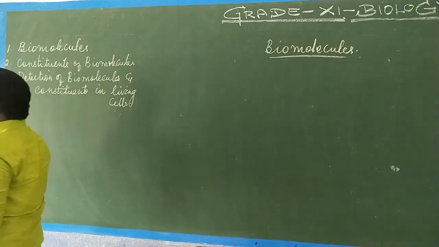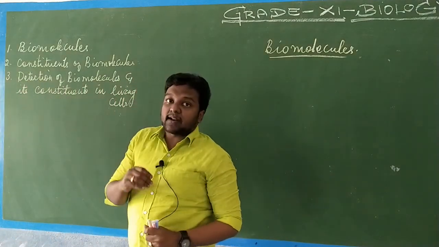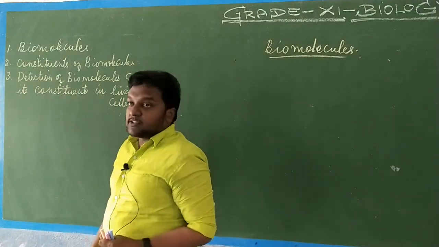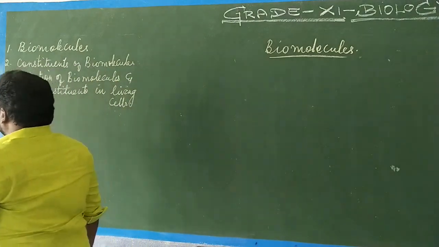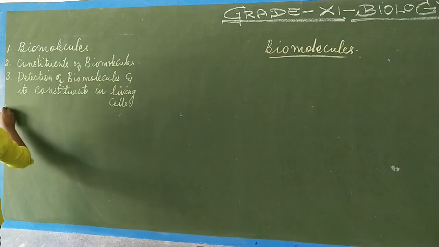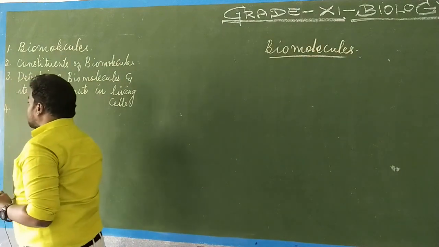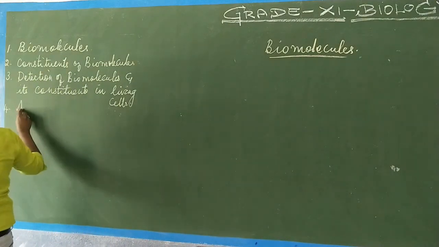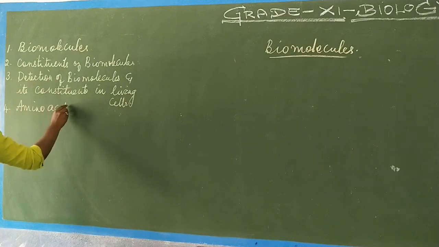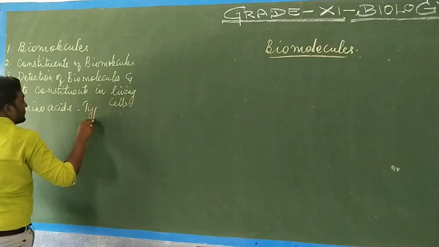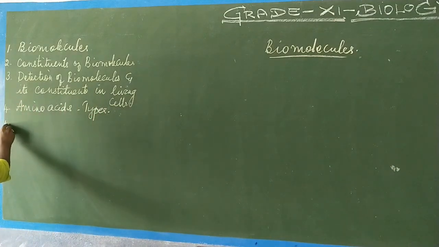By a simple experiment I told you the inorganic and organic constituents present in living cells and the detection methods. Fourth, next to the detection, I explained the amino acids, their types and functions.